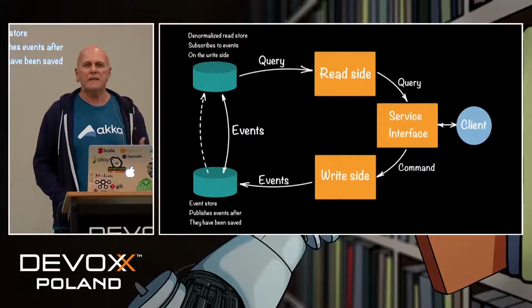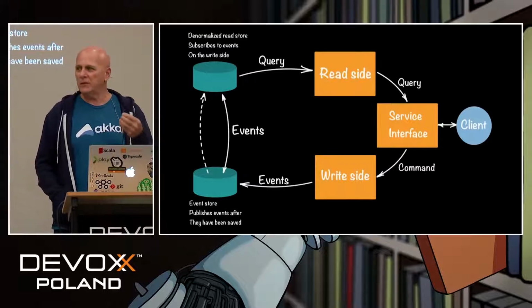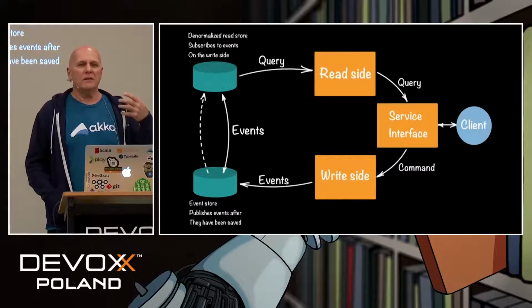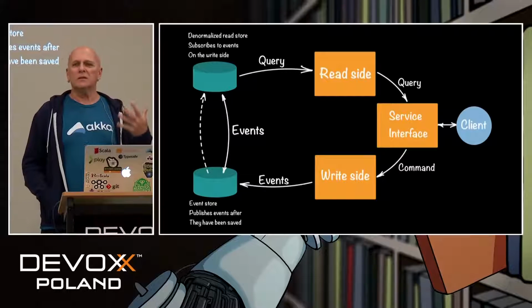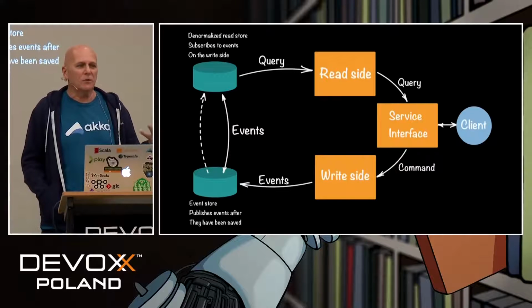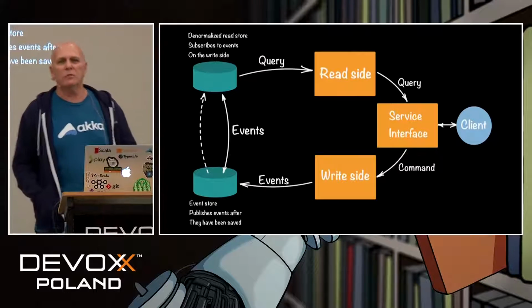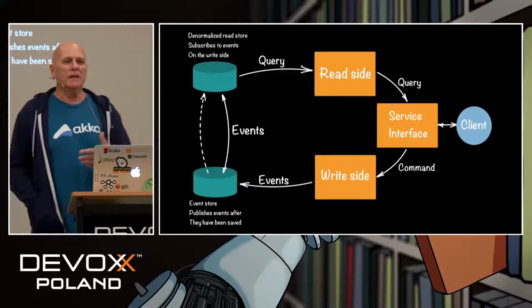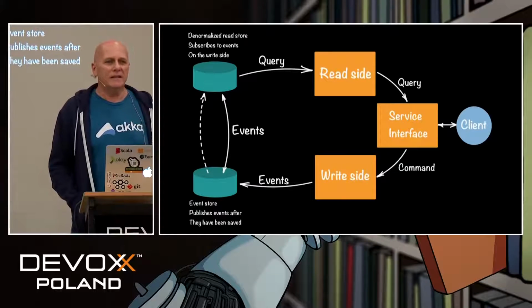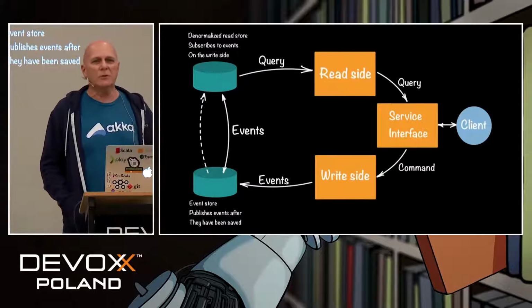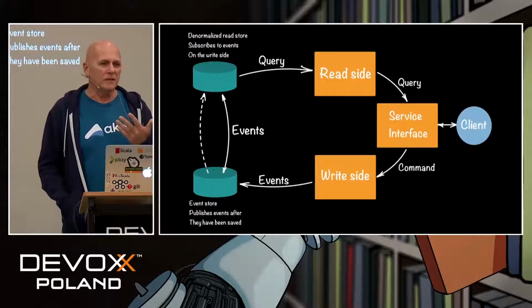So these commands come in. They're very specific requests, and they go into the service, and the service validates the request. Say, for example, we're doing a withdrawal from a bank account. If the account has insufficient funds for that withdrawal, you would reject that request.